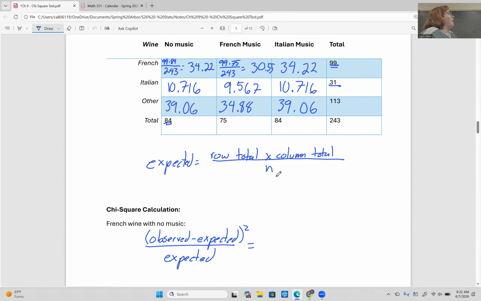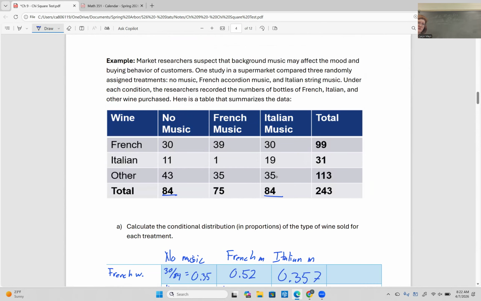So our expected French wine with no music was 34.22. How many did we actually observe? What was the number? 0.35 was the proportion, sorry. The actual number, from our original table, is 30.